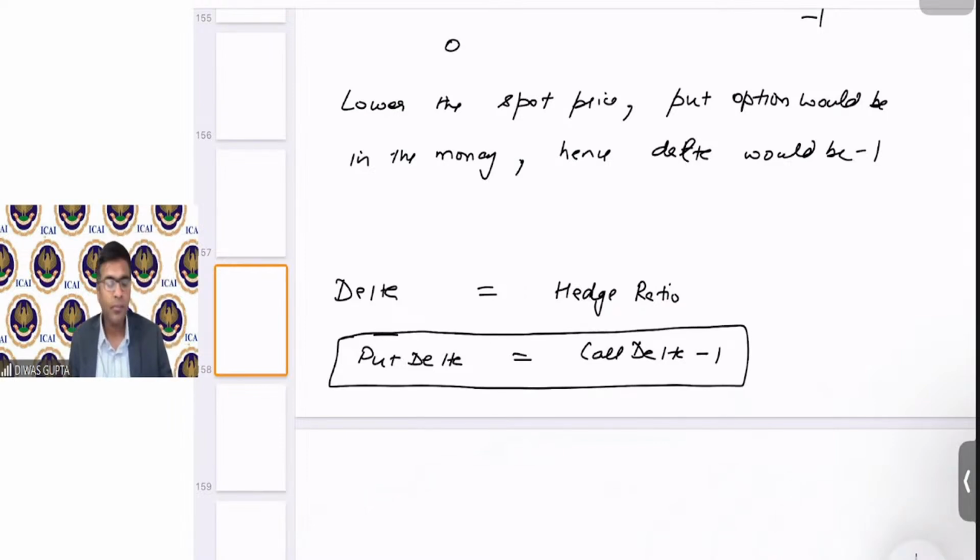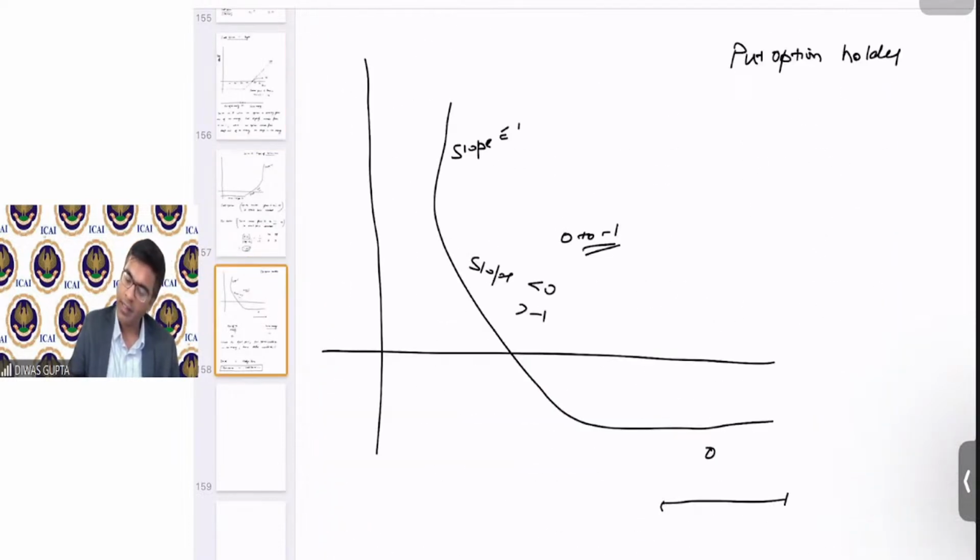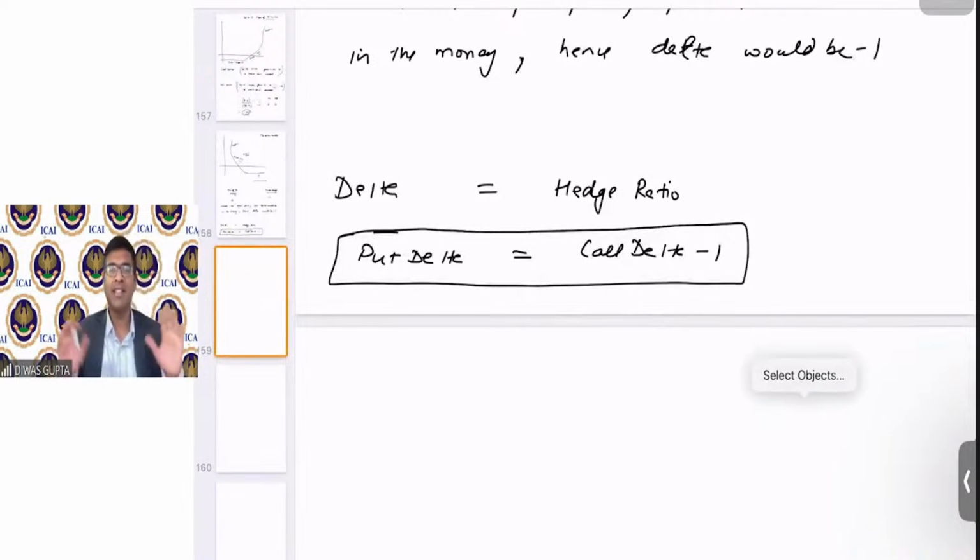Okay. Put delta is equal to call delta -1. I hope, Namrata, -1 is clear now. And this relationship, all of us should remember. Okay. So delta was the biggest factor. Actually, delta is the biggest factor to discuss also. Okay.